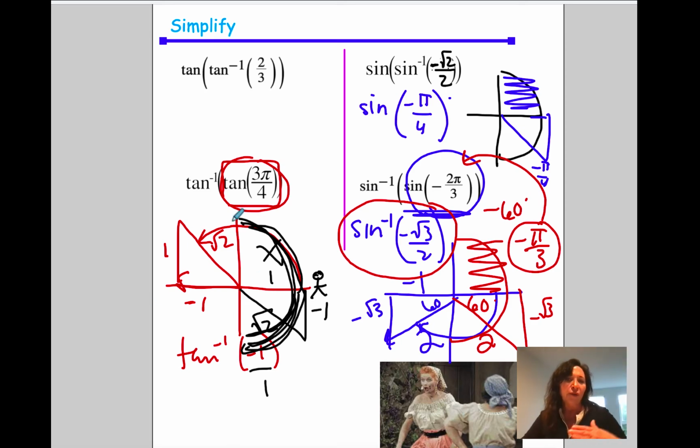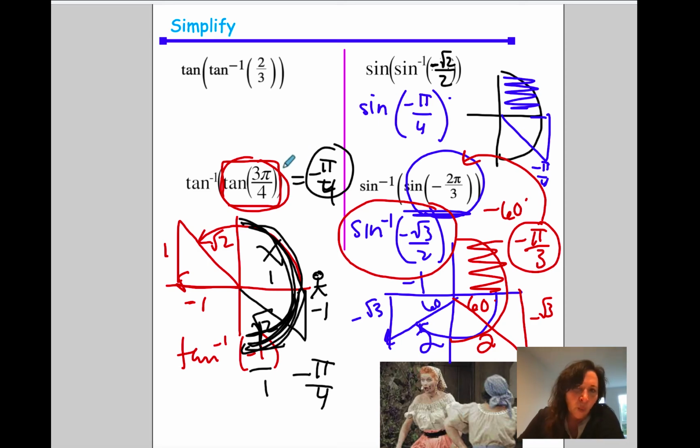I know a lot of students want to go, well, I'm at 3/4 pi. No, you cannot do that. You have to go straight down. And so therefore you are at negative pi over 4, or you would say negative 45 degrees, but usually when one of these angles is already in radians, you keep it in radians.